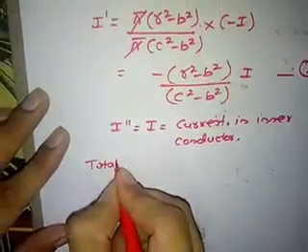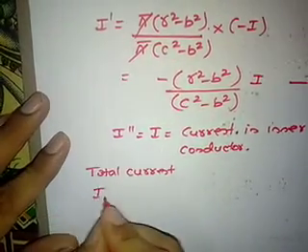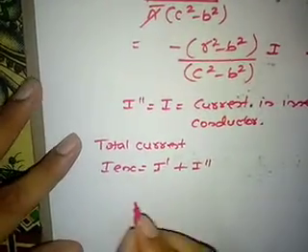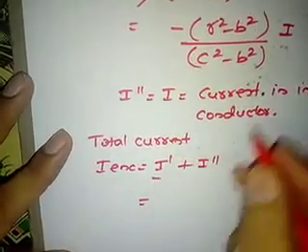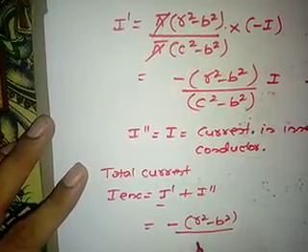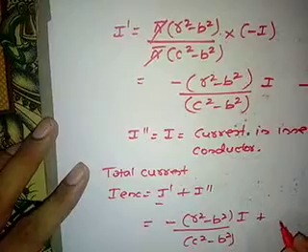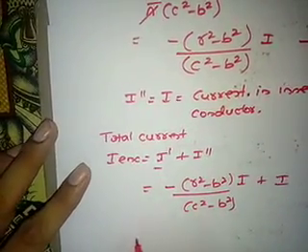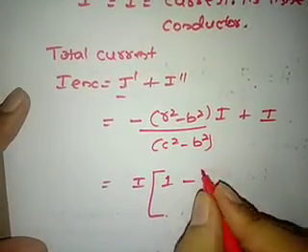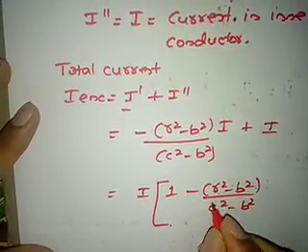So what will be the total current enclosed by the closed path? I enclosed will be I dash plus I double dash. I dash we have obtained here, minus of R square minus B square divided by C square minus B square into I, plus I double dash, which is I. So I is common, I will take it outside: I into 1 minus R square minus B square divided by C square minus B square.